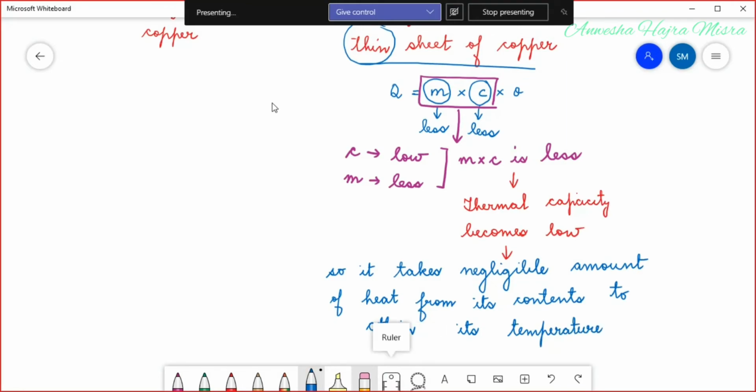So here the keywords will be: C low, mass low, thermal capacity low, takes negligible heat to attain its temperature.